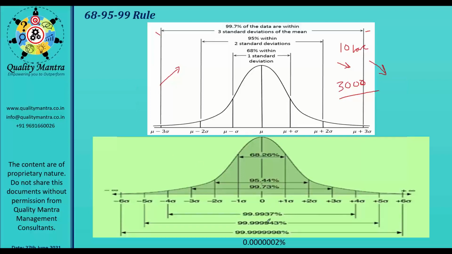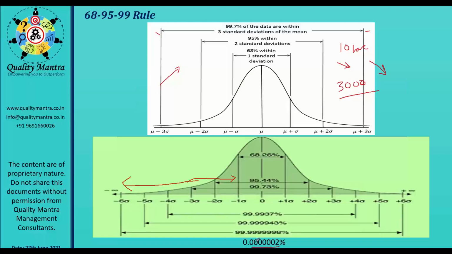Now, if you go for 6 sigma, that is 6 standard deviation, not 3 standard deviation, then the chances of having a defective part is hardly 0.000002%.